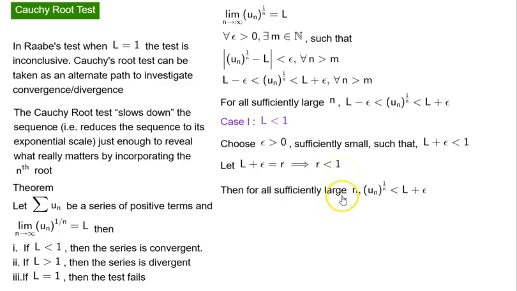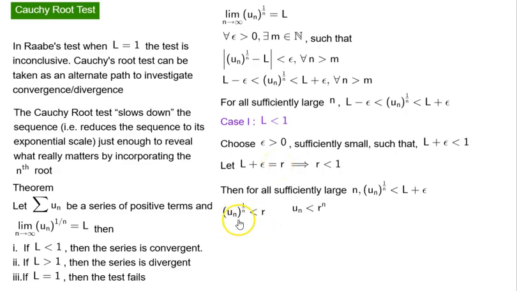Then for all sufficiently large n, u sub n to the power of 1 by n is less than L plus epsilon. So, which means u sub n to the power of 1 by n is less than R because L plus epsilon is R.